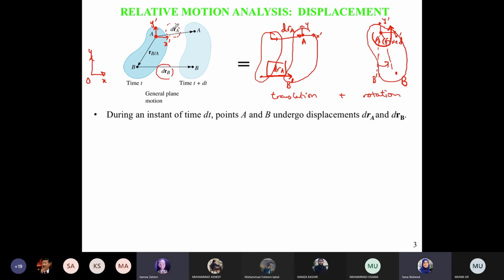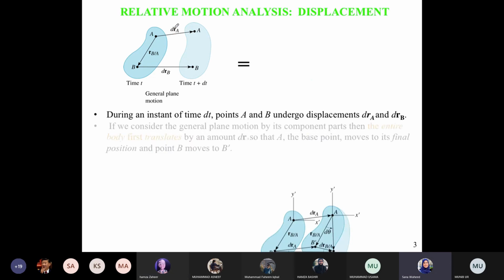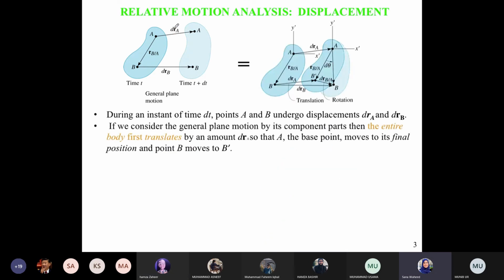Okay, so let's see this drawn out a little bit better. And on this are the same things, but both are drawn together. Now let's see, as I'd been saying, let's just first translate everything by the same amount as the base point.